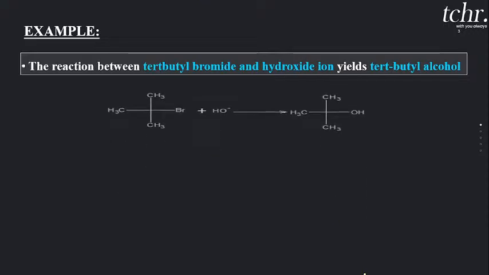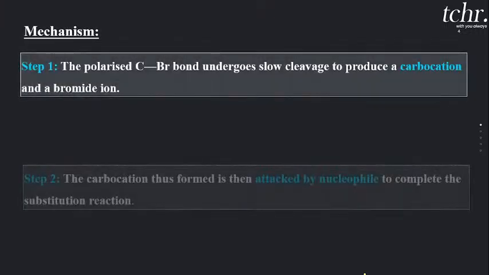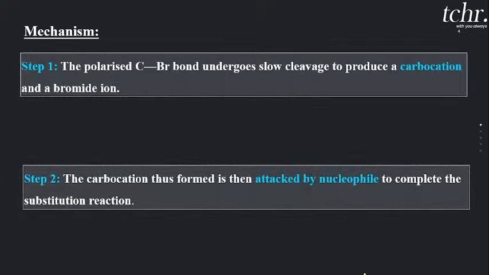So you can see that a tertiary butyl bromide, how the reaction takes place. I told you, step 1 is the carbon bromide bond which is polarized, that leads to the formation of carbocation and bromide ion. And in step 2, the carbocation is attacked by the nucleophile to form a substituted product.